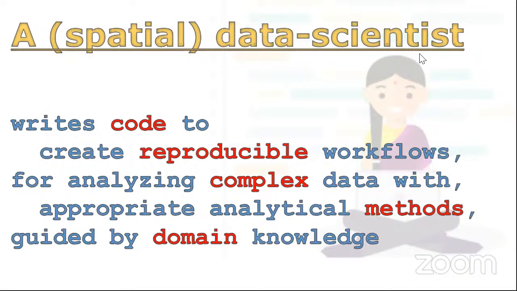We write code, so that's crucial to create reproducible workflows, not one-off things, but we can show where results came from, and we can build on it and reuse it. To often analyze complex data, and to me, complexity is really the key here. Often people talk about big data, that's a part of it, but really where it gets interesting and difficult is the complexity, putting different types of data together and making sense out of it.